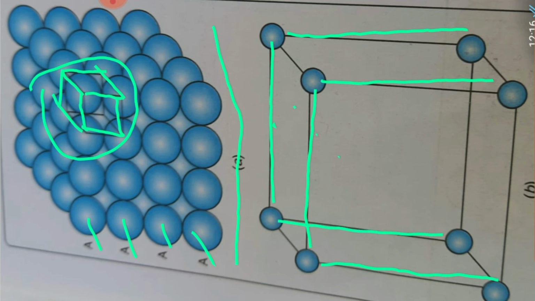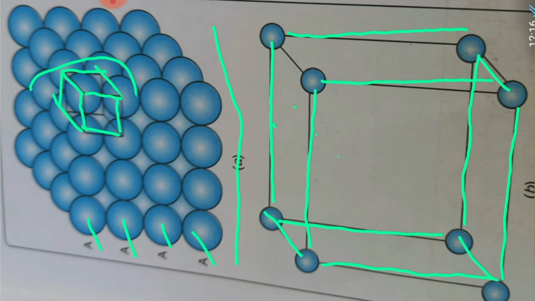This is a green color cube that I have made for you separately over here. Is that clear to all of you?